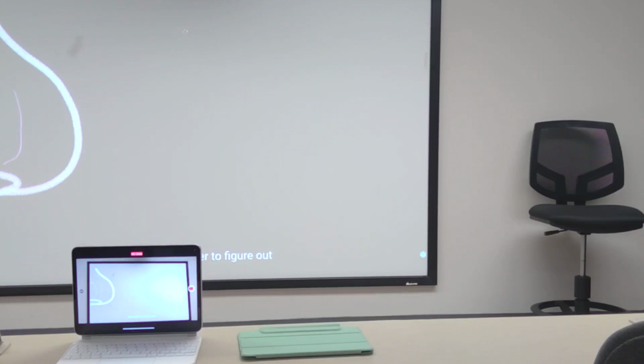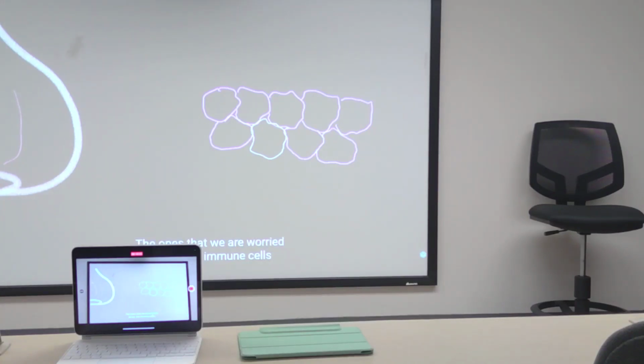But in order to figure out what's happening a little bit better, we have to zoom in all the way to the level of the cells. So here I'm drawing some of the cells of the nasal mucosa. These are big globular pink cells. But there's a couple cells in here that are different. These are cells of your immune system. The ones that we're worried about, the immune cells in the nose that deal with allergic rhinitis, are called mast cells and basophils.